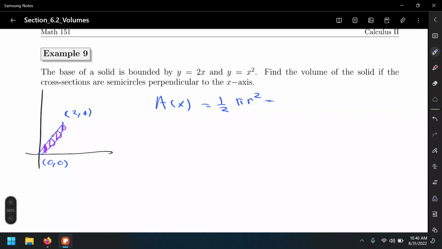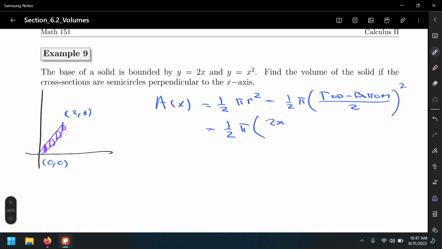All right. But r, in this case, recall that this distance between top minus bottom is not the radius, it's rather the diameter. So for this reason, that's the top minus bottom, but we divide by 2 in order to have a radius. And from here this is 1/2 pi times top. In this case, which function is the top? Is it the line or the parabola?